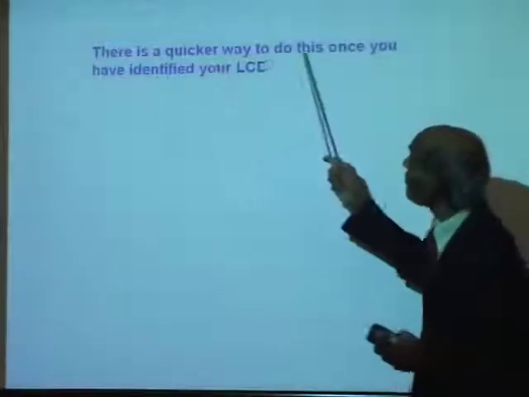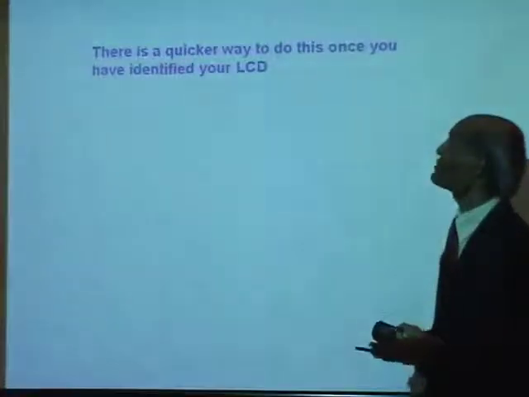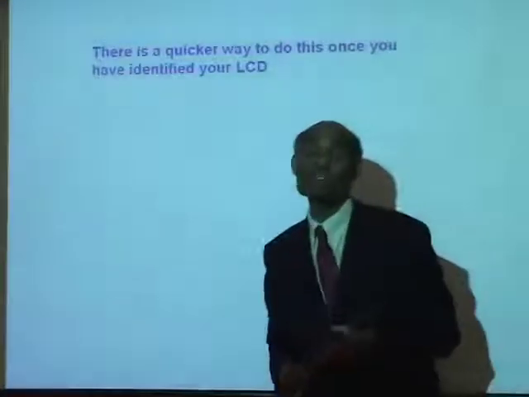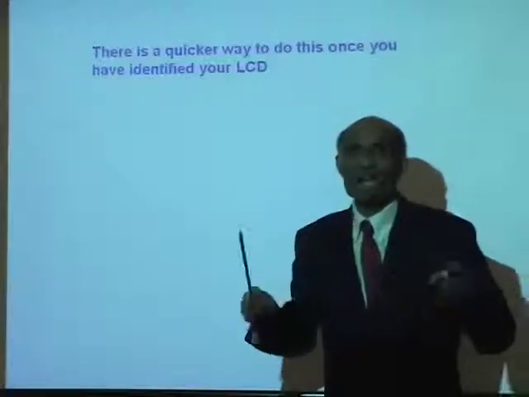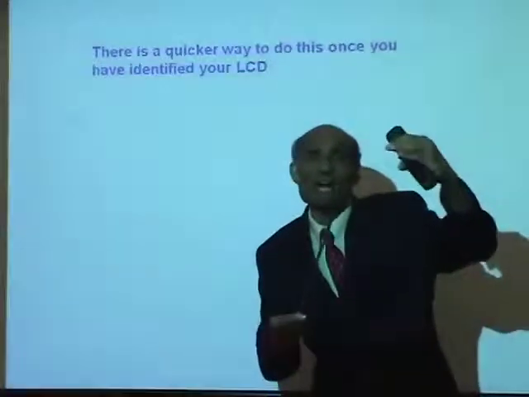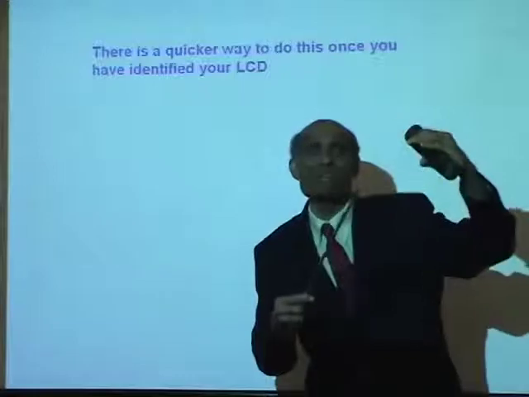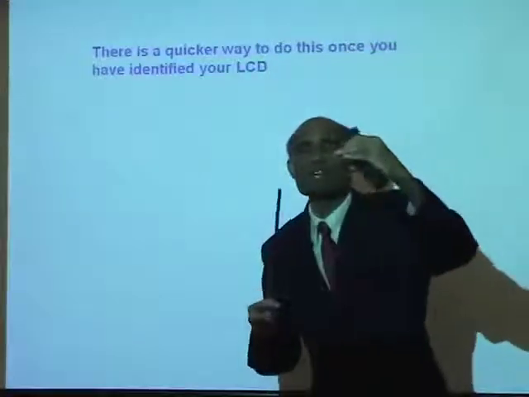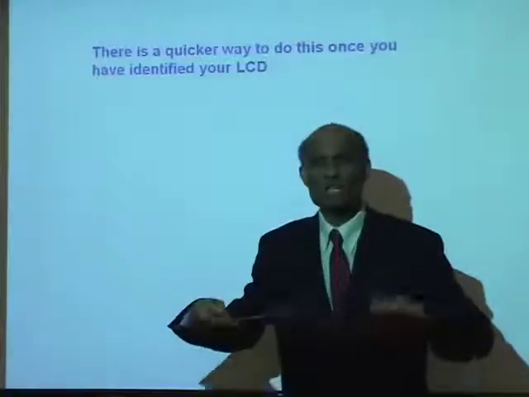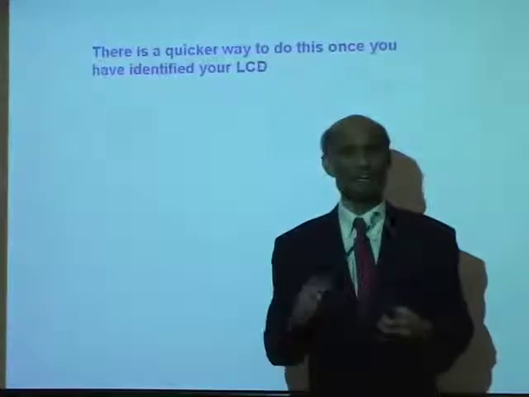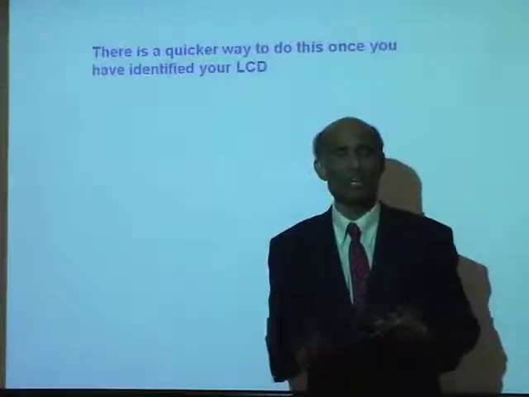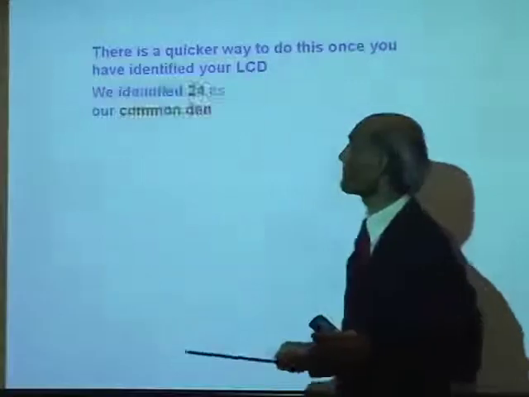There is a quicker way to add this once you have identified the LCD. You see, rather than going and multiplying every fraction by a number on the numerator and denominator, I have developed a simpler method for you. Now, try and see whether you can follow this and try and practice this. Alright?